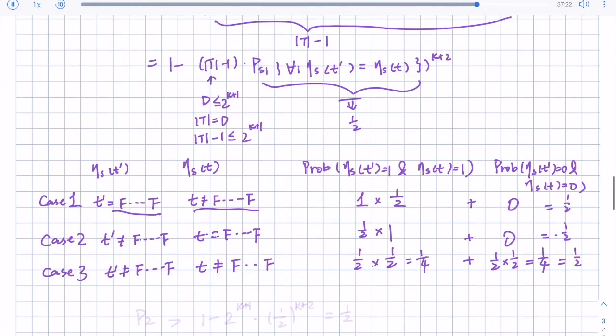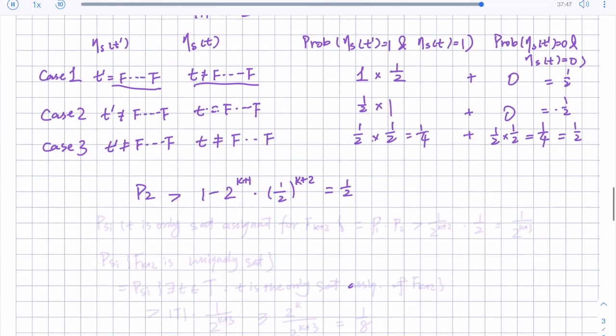So P2 is greater than 1 minus 2 to the k plus 1 times a half to the k plus 2. And this equals a half. So P2 is greater than a half. And put them all together.